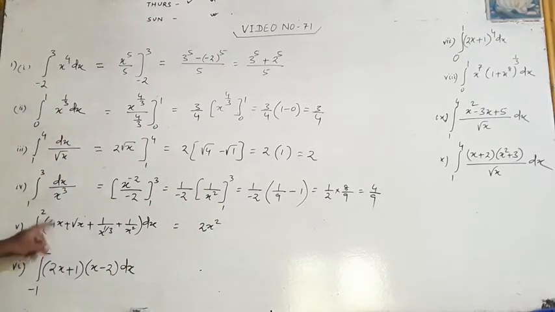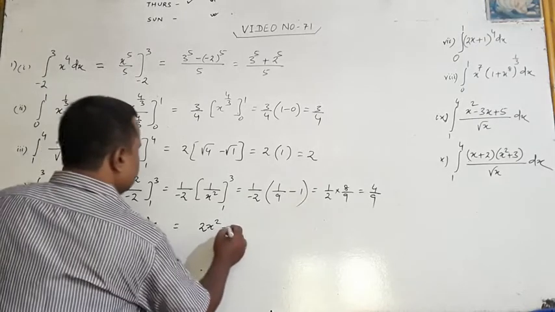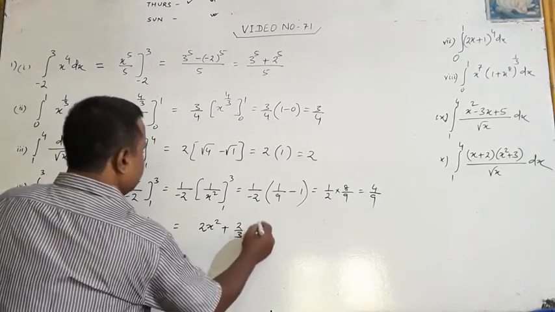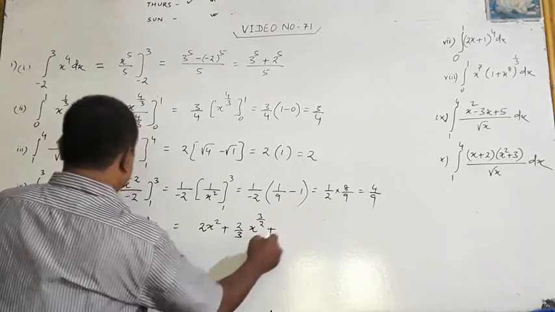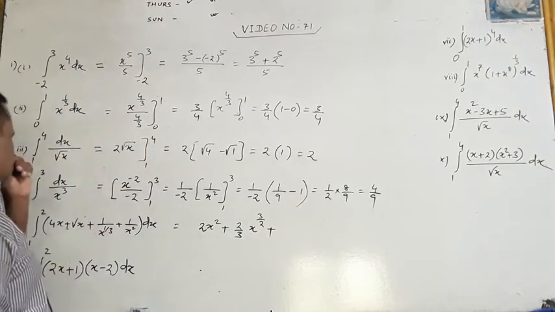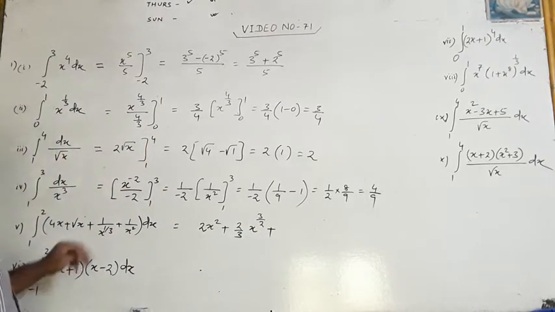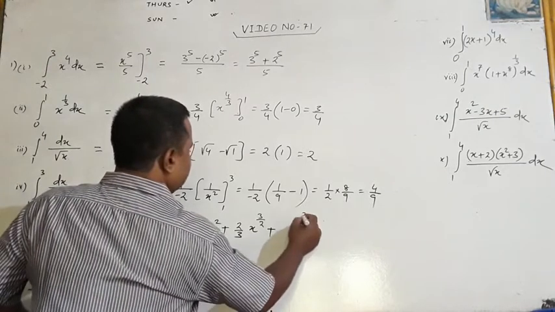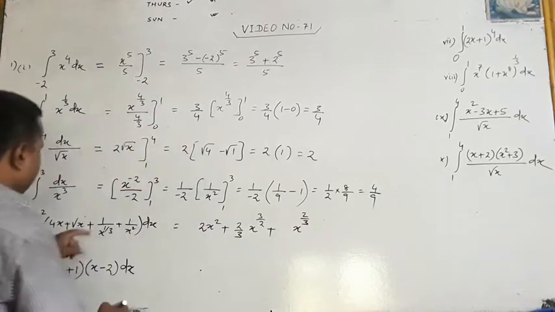The integration of 4x, 2x root x, x to the power 3 by 2 by 3 by 2, that is 3 by 2 goes up, 2 into 2 by 3, x to the power 3 by 2. Plus 1 by x to the power 1 by 3, which goes up, so how much will it be? x to the power minus 1 by 3 plus 1, x to the power 2 by 3 by 2 by 3.